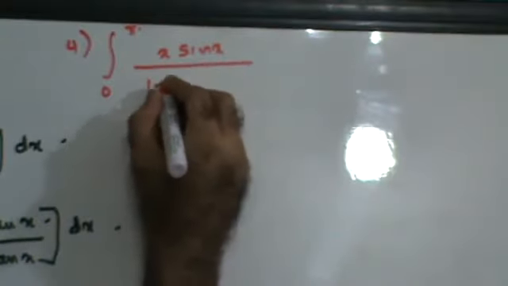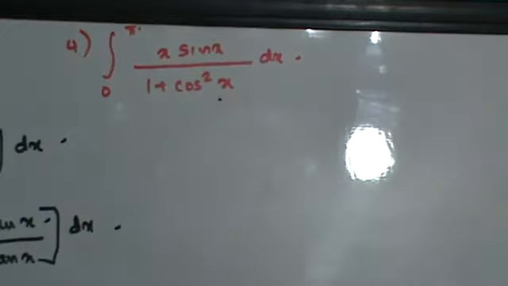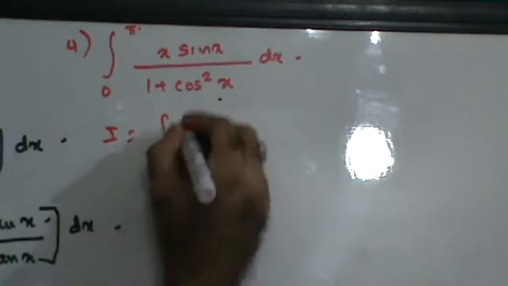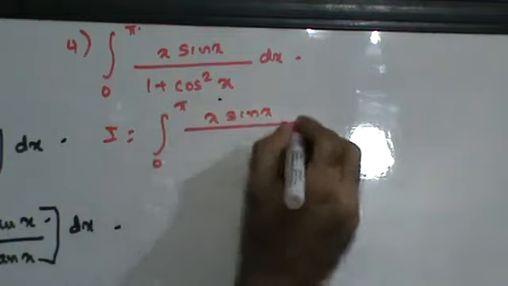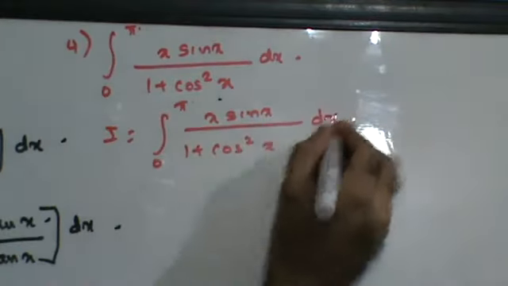Integral of 0 to pi x sin x upon 1 plus cos square x dx. Now let's see this. We can say I is equal to integral of 0 to pi x sin x upon 1 plus cos square x dx.